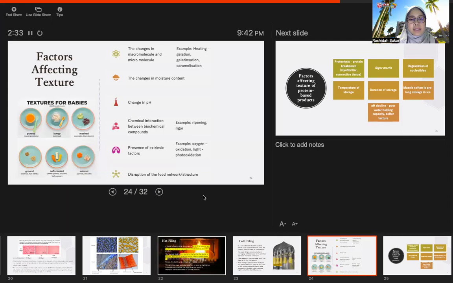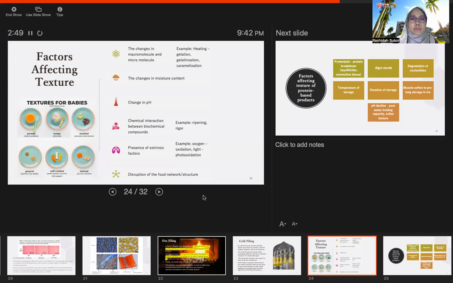Okay, and then some food components, for example some vitamins, will also deteriorate if there is light, because light can cause photo-oxidation.